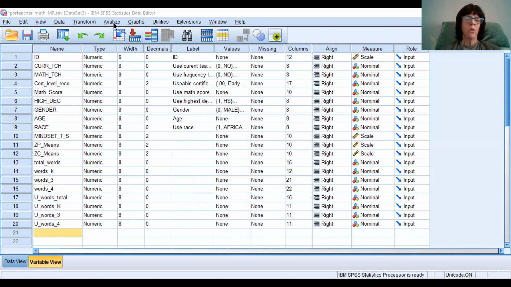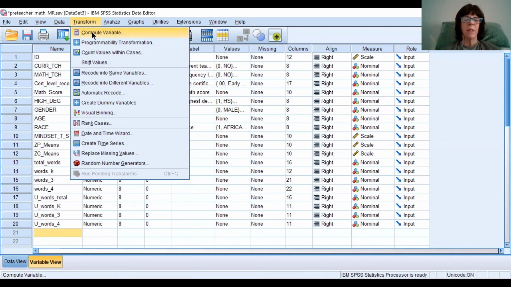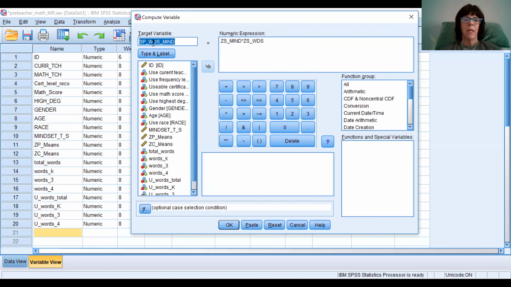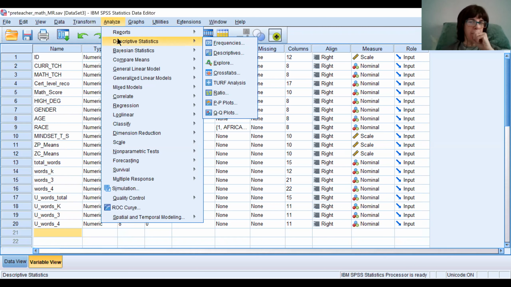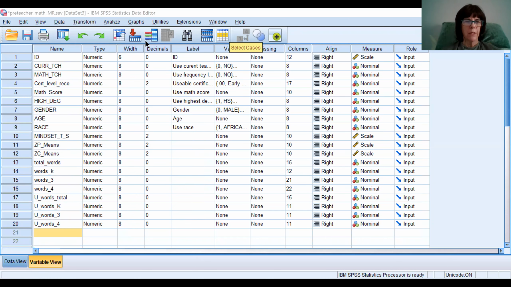So we're going to go back to the data file. And I'm going to create a couple of variables that will illustrate this formula. I'm going under the descriptives menu to make sure that you can actually see this screen, which I'm not sure you can see.